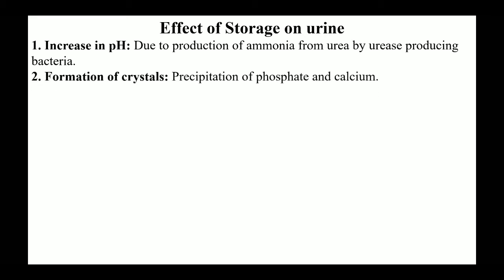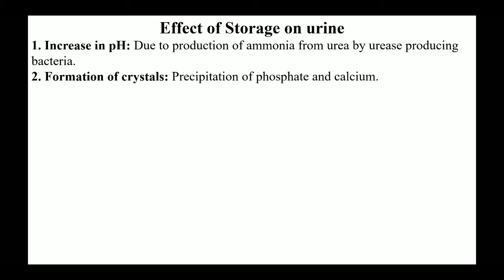Next, the second effect, the formation of crystals. We know the urine sample contains various types of organic and inorganic materials, and among them it also contains the inorganic elements calcium and phosphate.